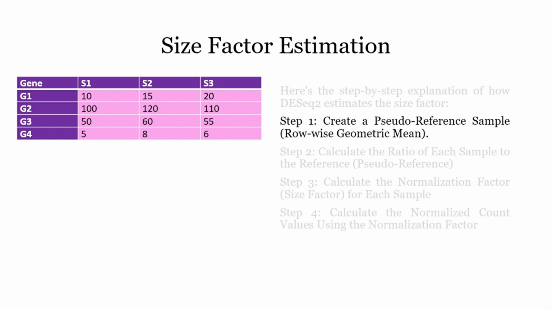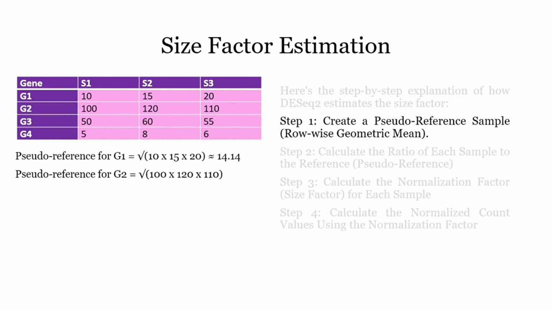Imagine we have 3 samples, S1, S2, S3, and we have 4 genes, gene 1, gene 2, gene 3, and gene 4. The first step is to create a pseudo-reference for gene 1. The pseudo-reference for gene 1 is the cube root of 10 times 15 times 20, which is equal to 14.14.